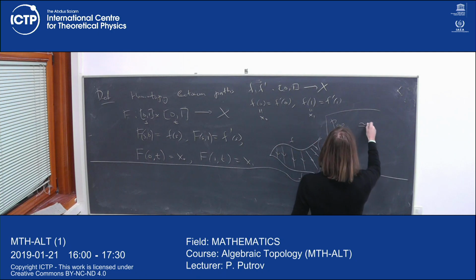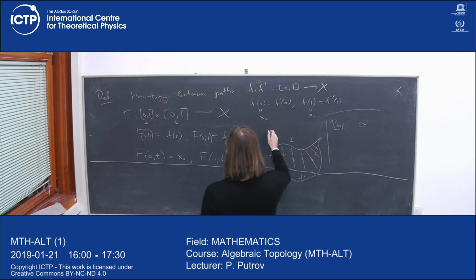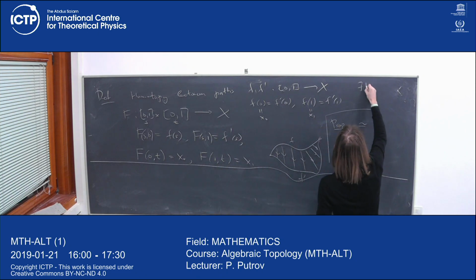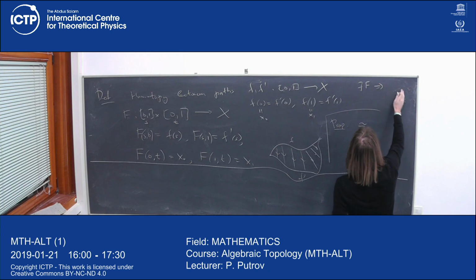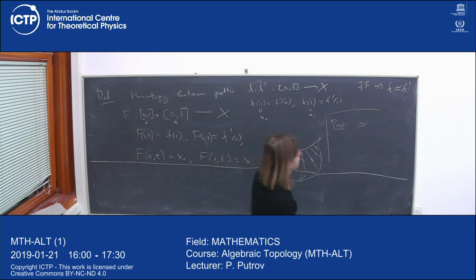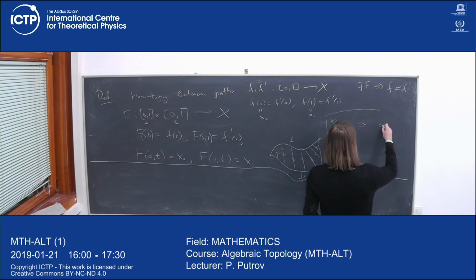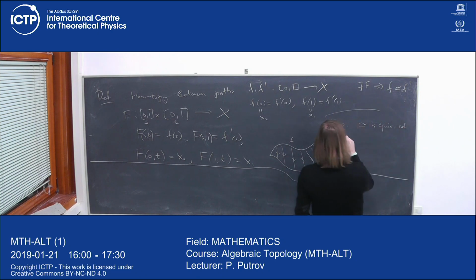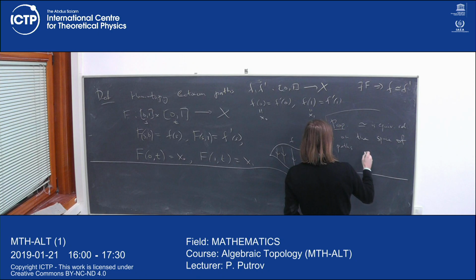If such a homotopy exists, then we again call two paths homotopy equivalent in terms of this path homotopy. I will use the same notations, and this defines an equivalence relation on the space of paths.